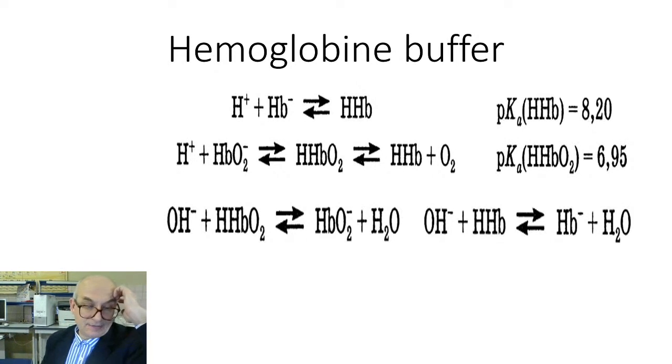And at the second, if I'll add any acid to hemoglobin system, it means a mixture of both hemoglobin and oxyhemoglobin, any proton added to the blood will be accepted by a more stronger base.